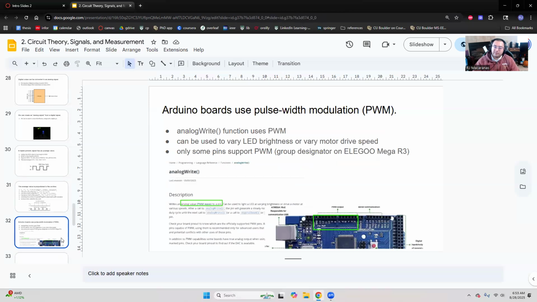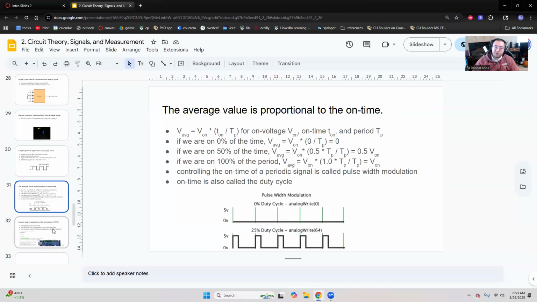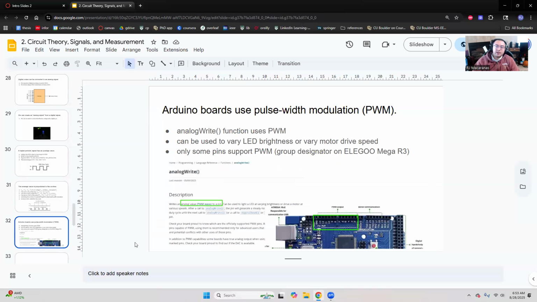It creates this effective voltage, which is proportional to the on time. And so Arduino boards use this principle of pulse width modulation, and in particular the analogWrite function will accomplish that, and you can read more about analogWrite there. Here I've highlighted where these PWM pins exist, and we can leverage that capability on the Elegoo boards.